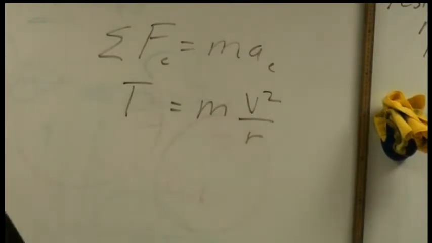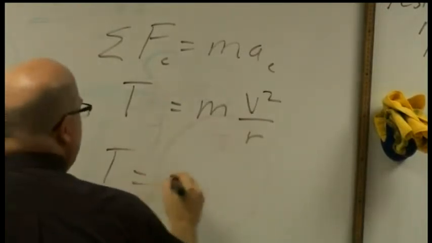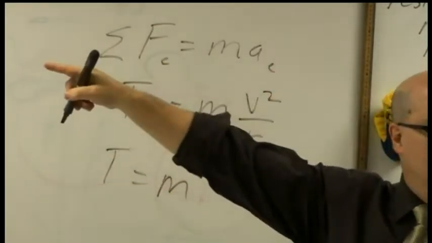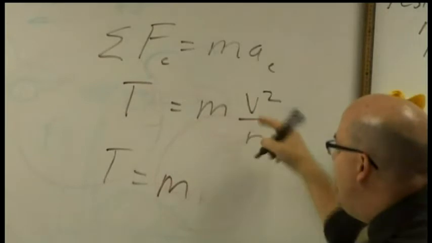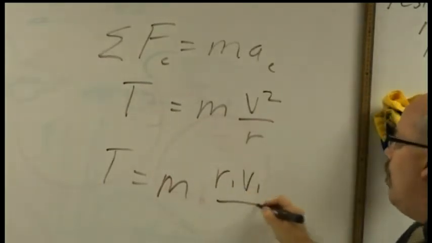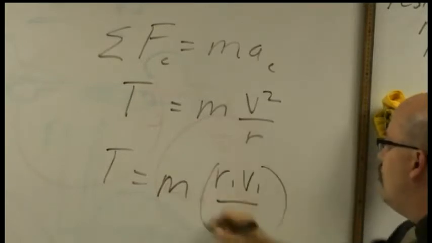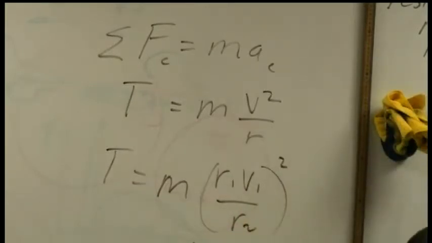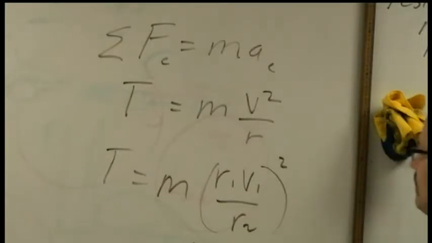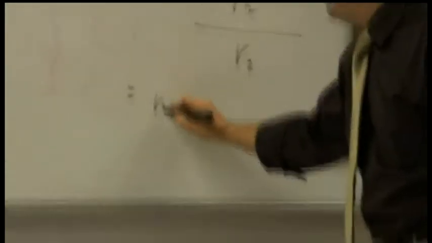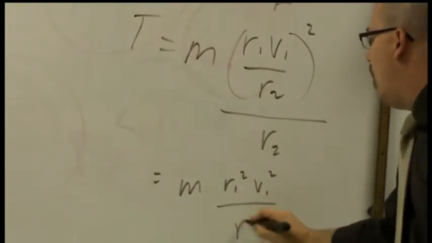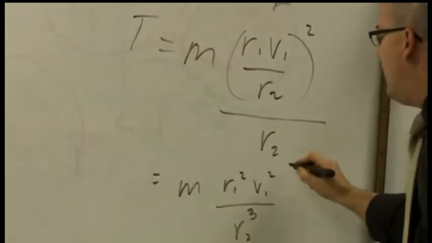To get it to R2, we would be at velocity 2, which is R1 V1 over R2, squared, all over R2. So we end up with our tension being M R1 squared V1 squared over R2 to the third power.